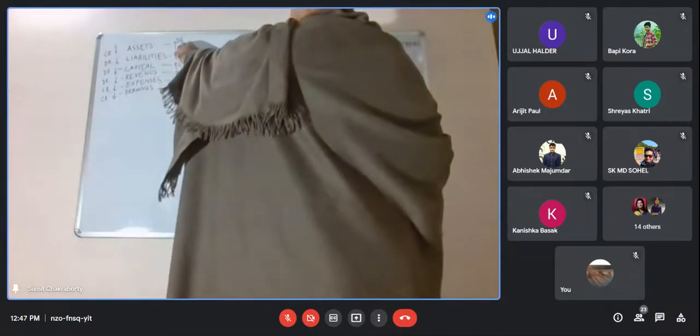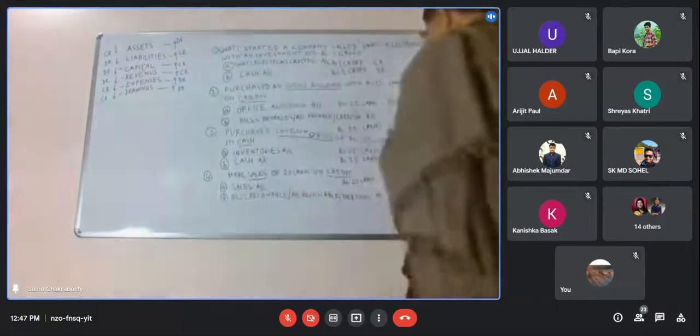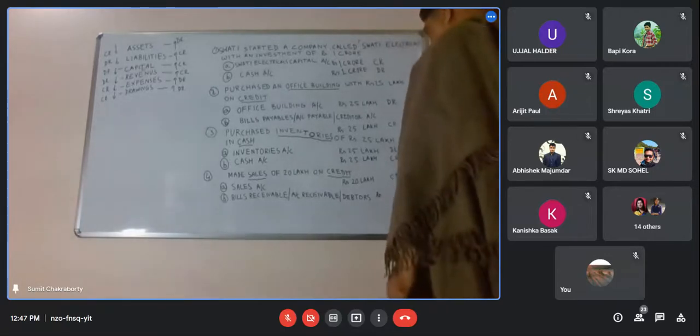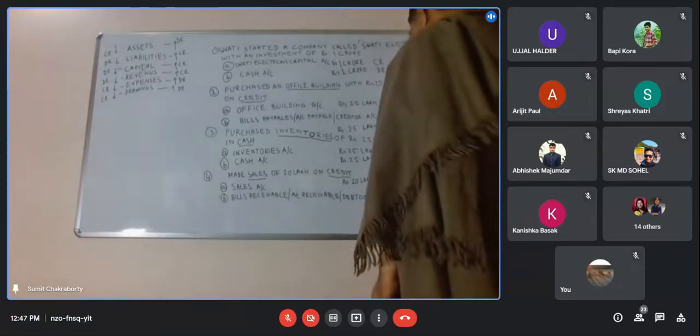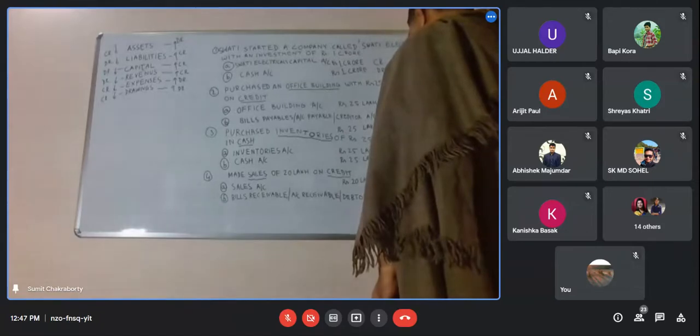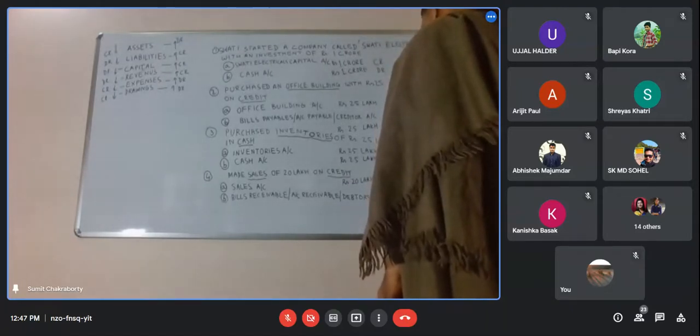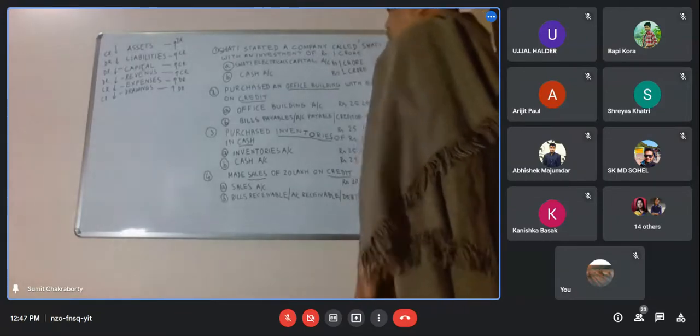They are increasing, so it should be debit. Another way to cross check is, one is credit means another is debit. Rupees 20 lakh, debit. Okay.